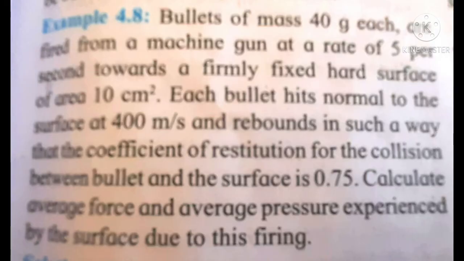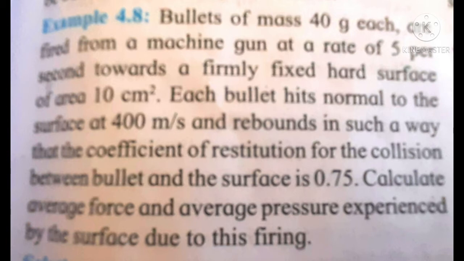Bullets of mass 40 gram each are fired from a machine gun at a rate of 5 per second towards a firmly fixed hard surface of area 10 centimeters square.